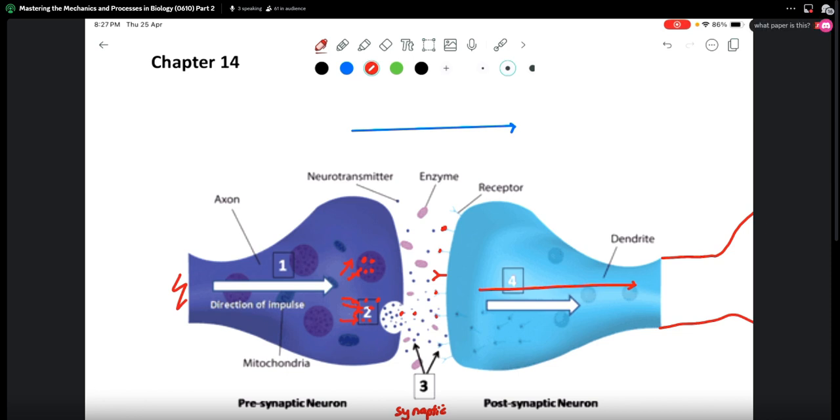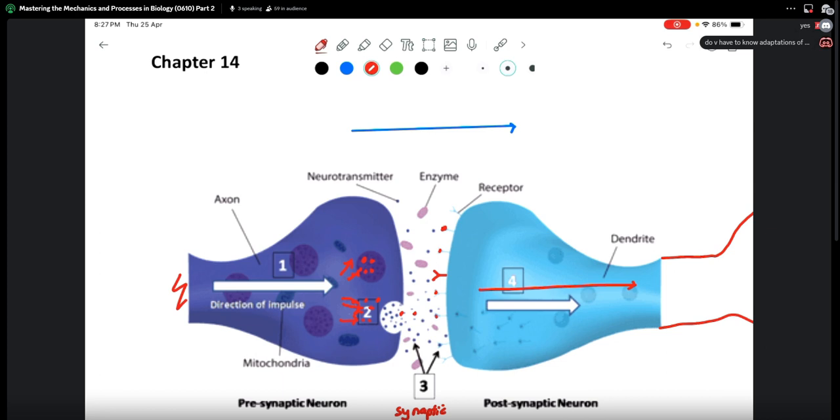If I'm not mistaken, this question he sent is from the October-November 2023 paper 4 variant 2. So this kind of question, they say using the information in figure 3.1 and 3.2 suggest and explain the effect of Parkinson disease on a person's movement.